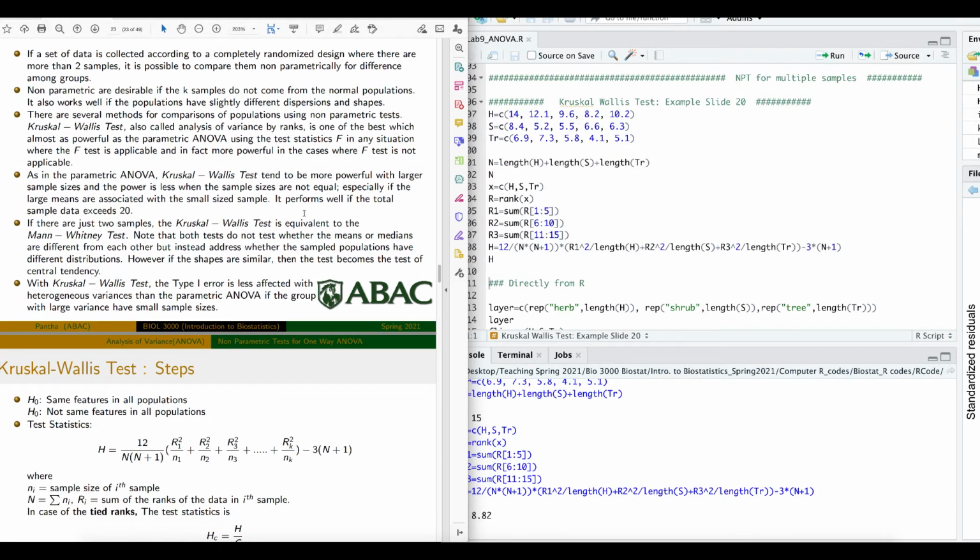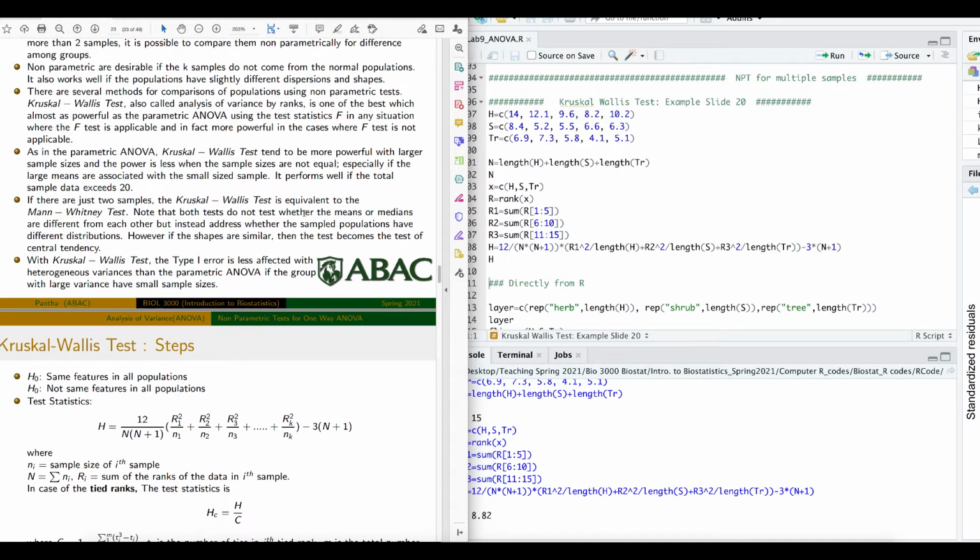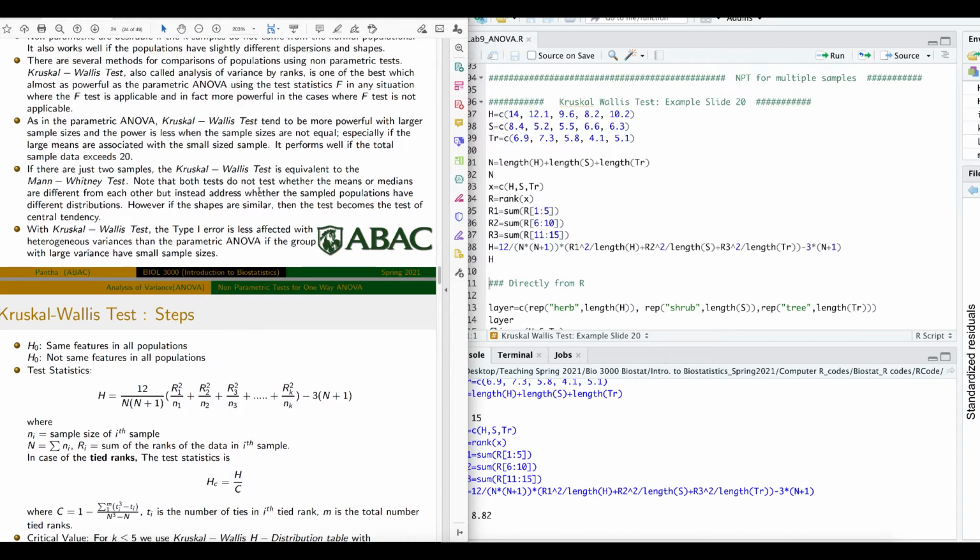As in the parametric ANOVA, Kruskal Wallis tests tend to be more powerful with larger sample sizes, and the power is less when the sample sizes are not equal, especially if the large means are associated with the small sized samples. It performs well if the total data exceeds 20. If there are just two samples, the Kruskal Wallis test is equivalent to the Mann-Whitney test.